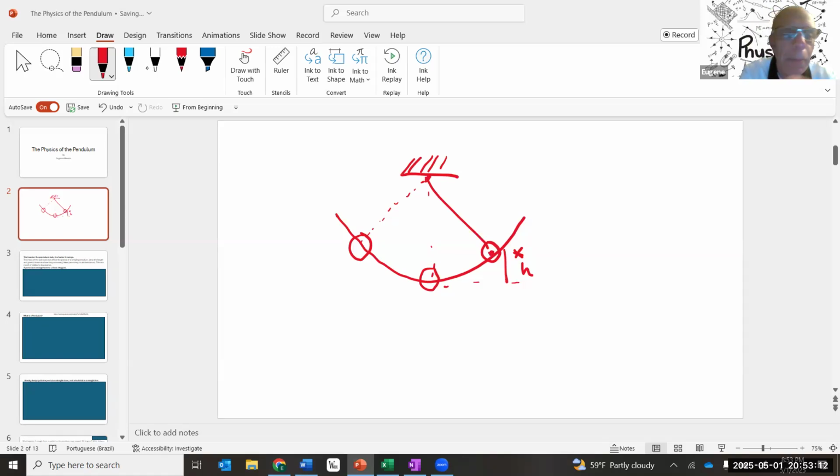Well, let's see, you have the weight, let's say mg, and you also have here the tension. And is this balanced at this time? You know, why does the pendulum go in such a curve? Why is the mass not just falling?